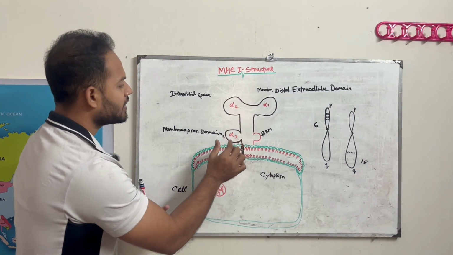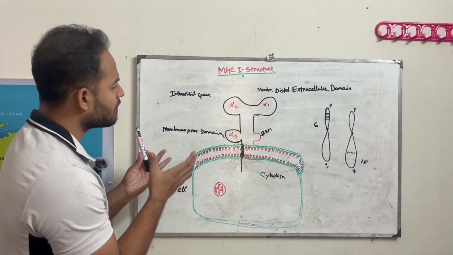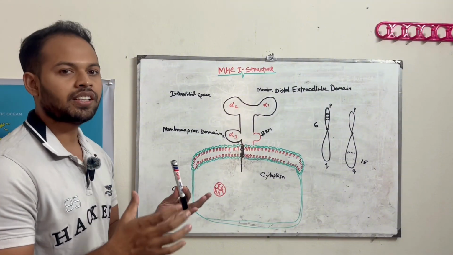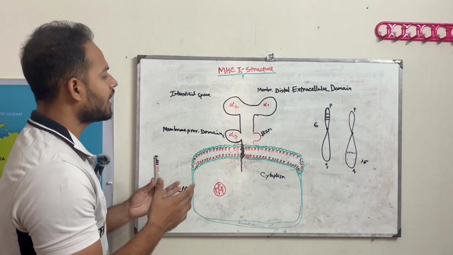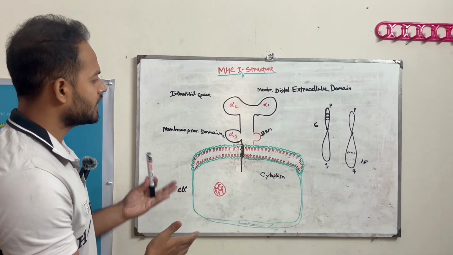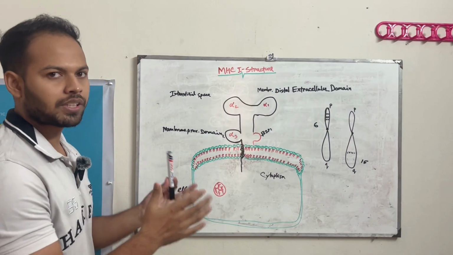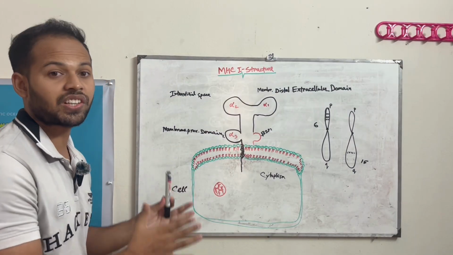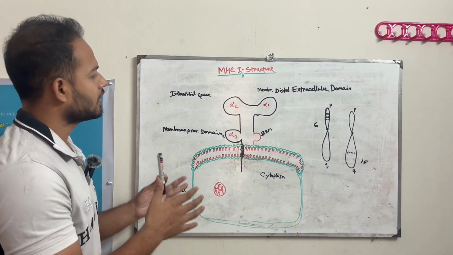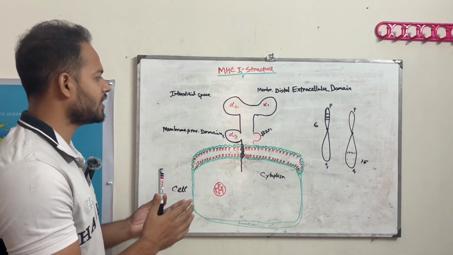This part is mainly responsible for the interaction with the effector cytotoxic T cell, which is the CD8 positive T cell. That's why you have to know that the MHC class 1 molecule is restricted to cytotoxic T cells, that is, CD8 positive.